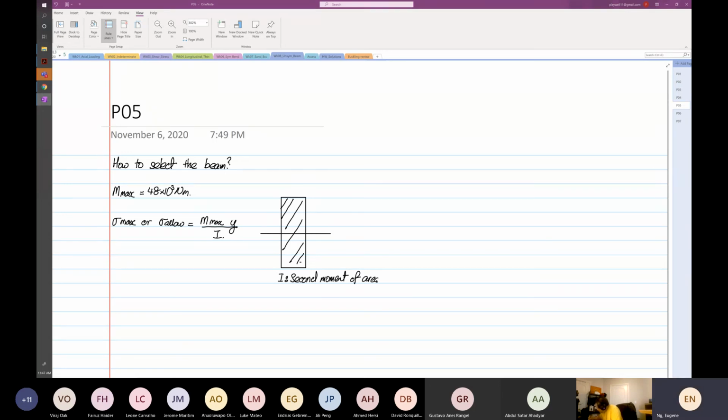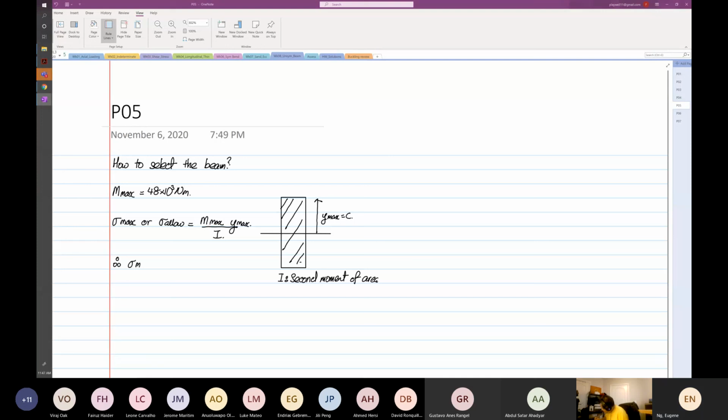And for this case, Y max is equal to C, the maximum point where you see the highest stresses. So this will be your Y max over here, and I'm going to let my Y max be equal to C.